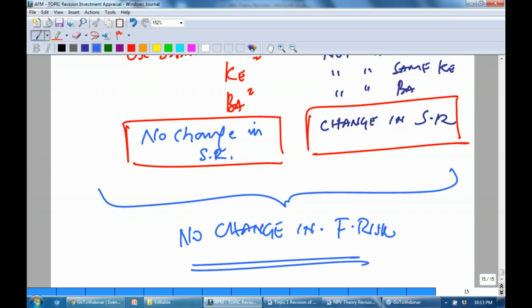That's an assumption since FM, and we are still maintaining this assumption until the next topic starts, that is APV.